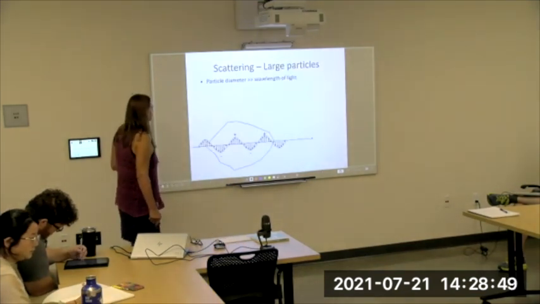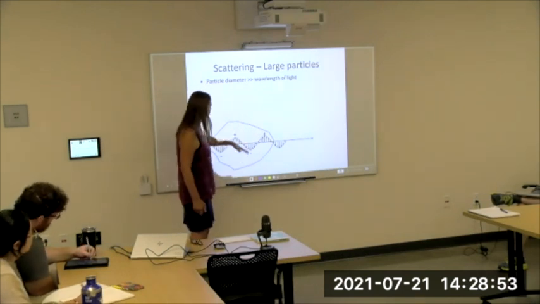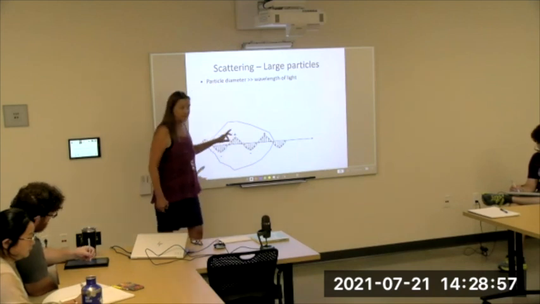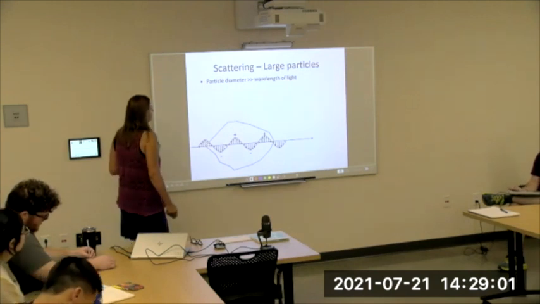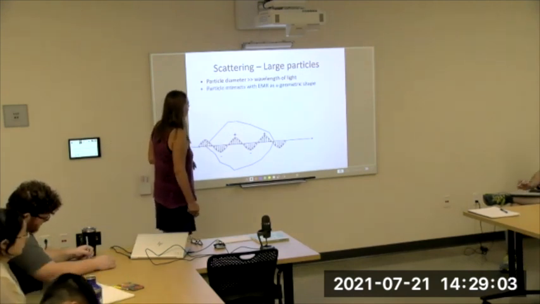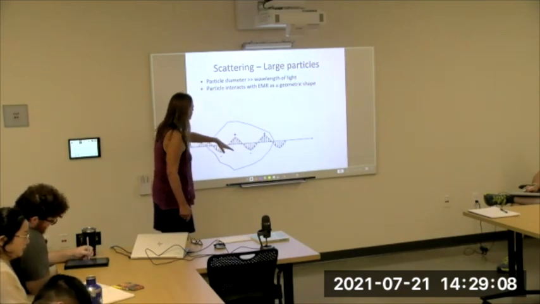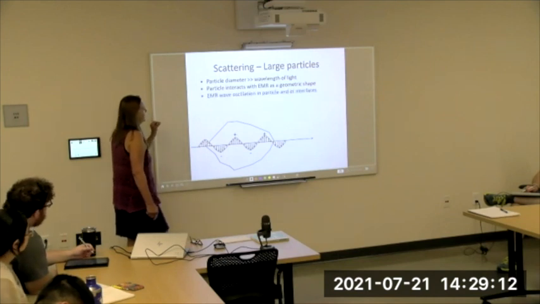Larger particles will actually have the electromagnetic field going through them. They're much bigger than this, but it will be setting up dipoles within the particle, which can emanate. But you also get into this other kind of process where they're interacting with it as a shape as opposed to just an individual dipole.